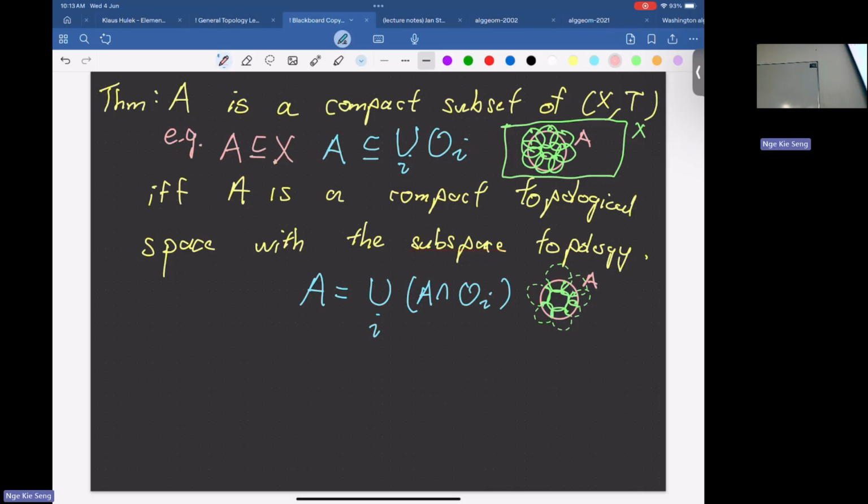But here, as a compact subset, it is equivalent to viewing it as a compact topological space with subspace topology. It's different from open and closed. What's equivalent is when you view A as a compact subset, it's equivalent to viewing it as a compact space with subspace topology.